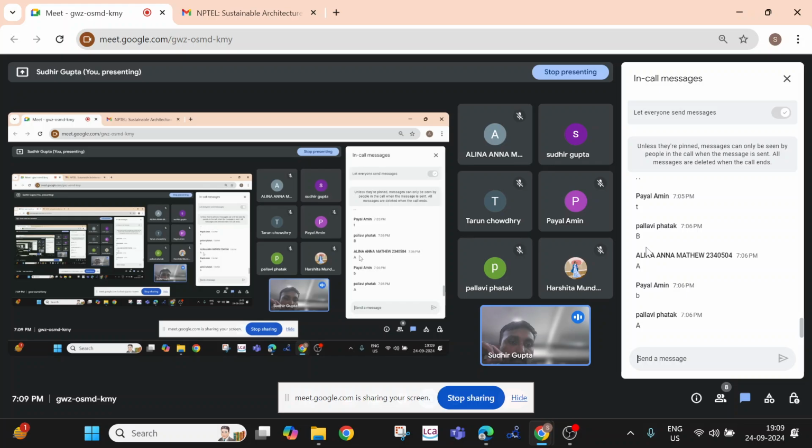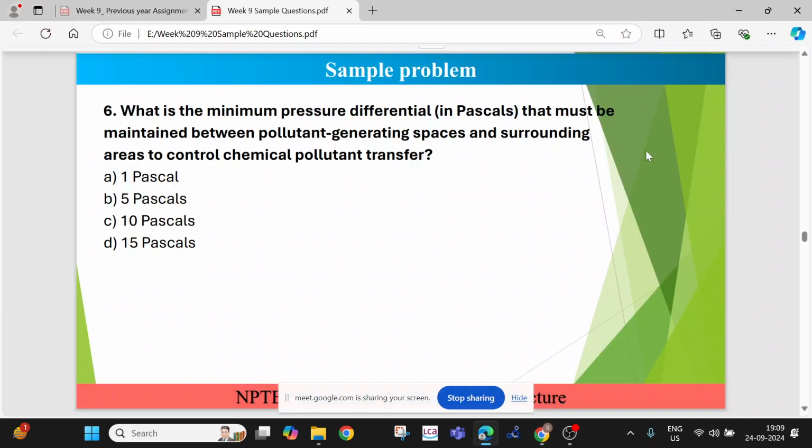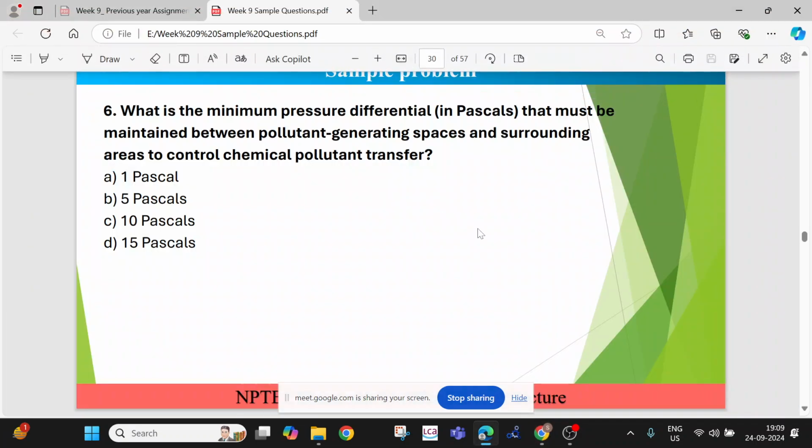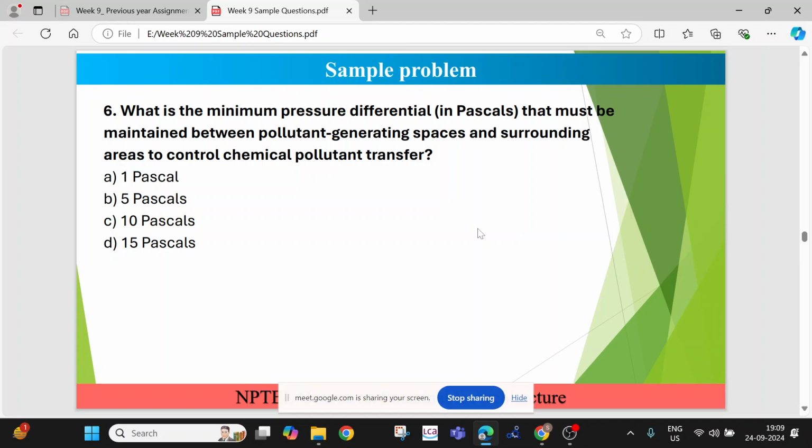So A, B, a mix of answers again. So option B is the right answer for this question. That is, the minimum differential pressure of 5 pascals should be maintained between the pollutant generating spaces and surrounding areas to prevent the transfer of hazardous chemicals to the habitable areas.